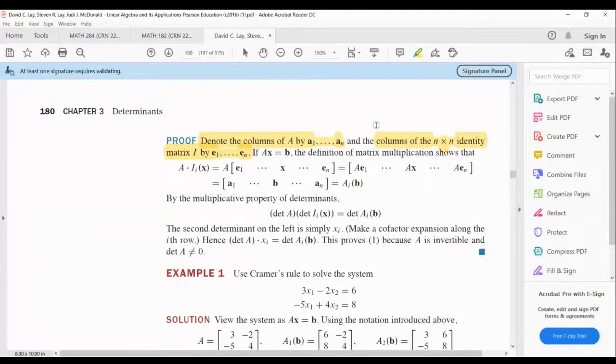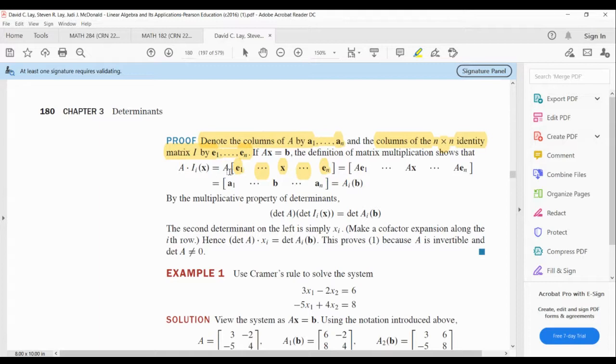So if Ax = b, the definition of matrix multiplication shows that if we multiply A by the identity matrix I_i(x), so what is that? That would be where you take the identity matrix and replace the ith column of the identity matrix by the vector x.